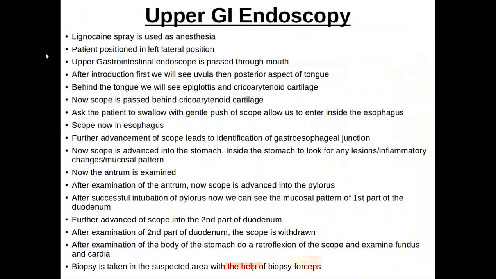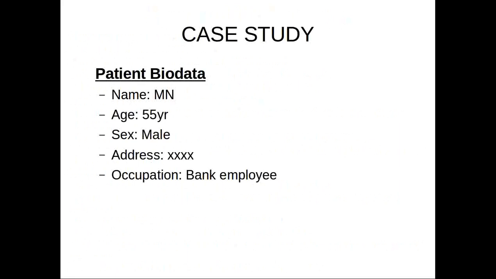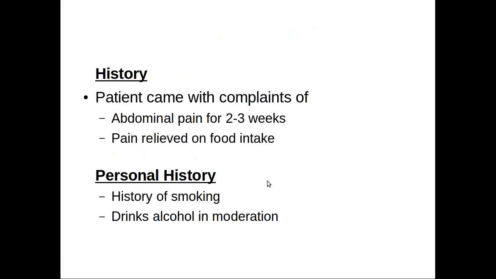Now he is withdrawing that. You can see the specimen here in the tip of this. They will put it into a specimen bottle and send it for histopathology. See this small thing, this is the specimen.